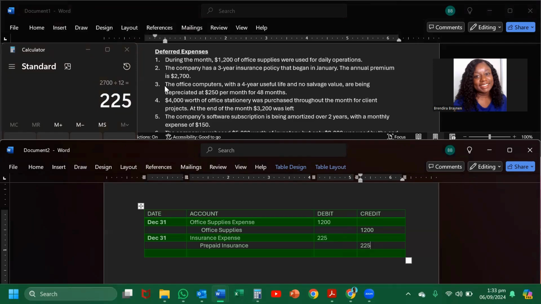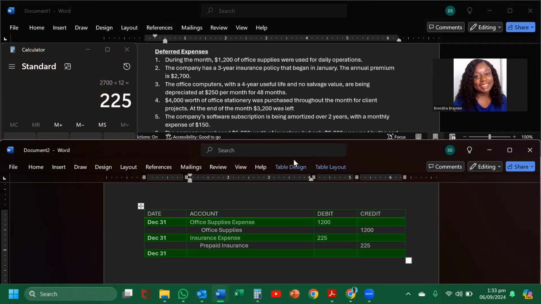The third one, it says the office computers with a 4-year useful life and no salvage value are being depreciated at $250 per month for 48 months. As we understood from class or from just reading the textbook, whenever we have depreciation expense, it tends to be the same entry.